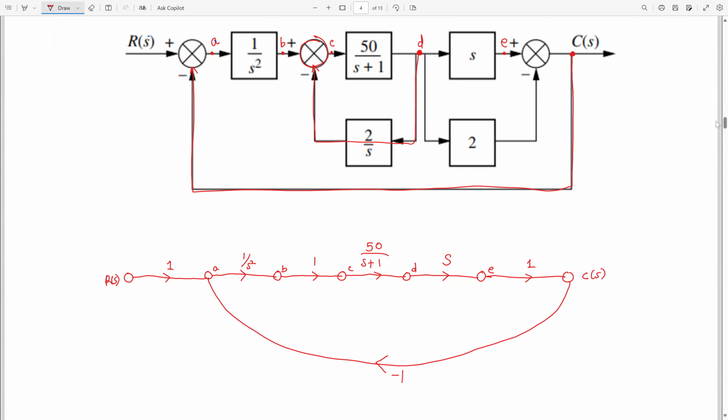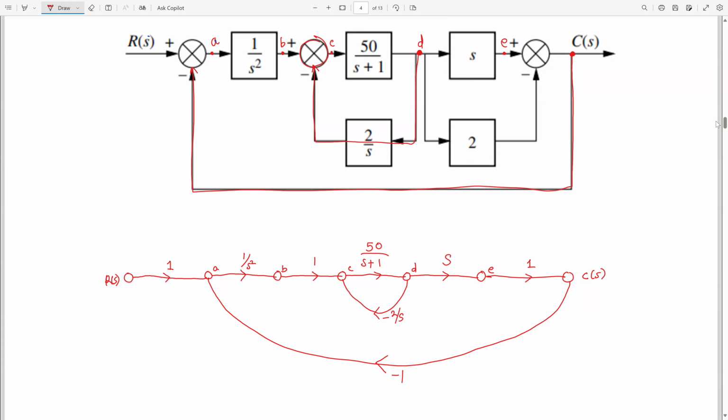So I have to draw it from D to C. And the transfer function of this system here is 2 over S, so it's going to be minus 2 over S because of the minus here.